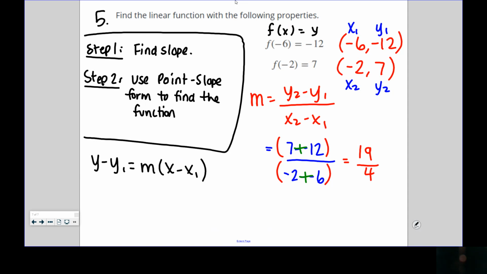I know that m is 19 over 4. That's going to be y minus -12 equals 19 over 4 times x minus -6. Go ahead and change those double negatives to positives.